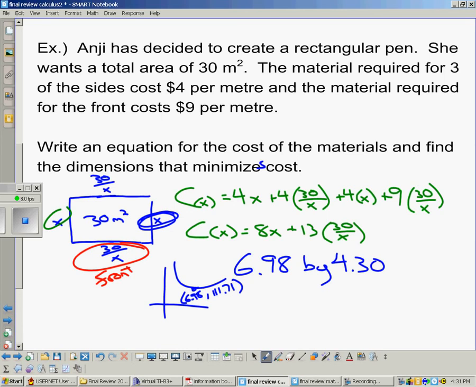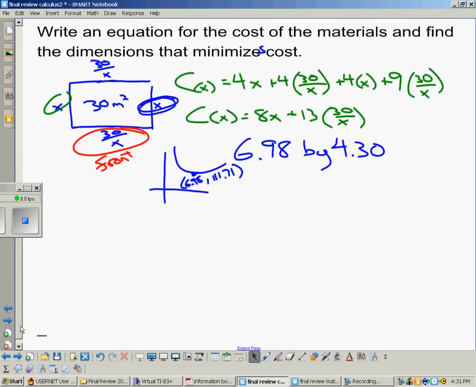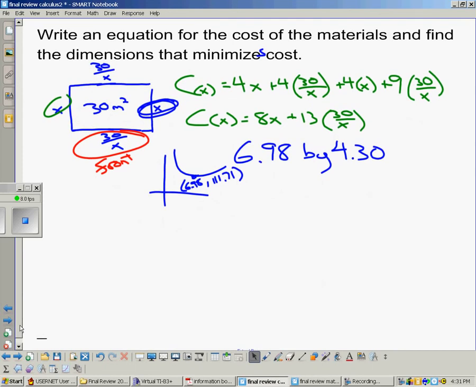Okay, that gives us our dimensions using our GDC. We've optimized. Now, if you didn't have your GDC, you might say, what am I going to do in this case? Well, for me, I might simplify the original C at x expression a little bit further. Call that 13 times 30 is 390. And that would be over x, so x to the negative 1.